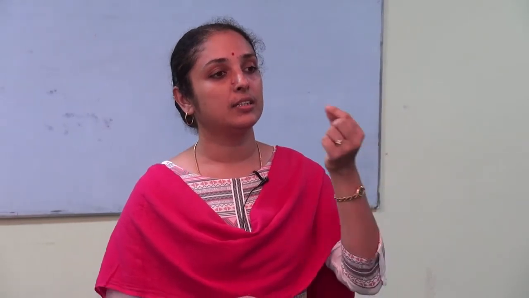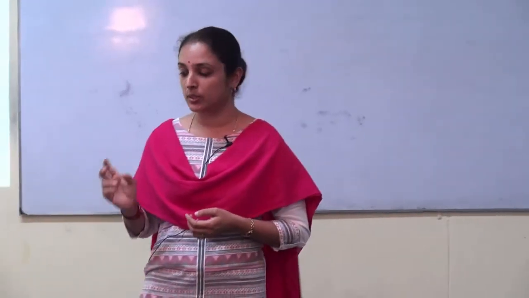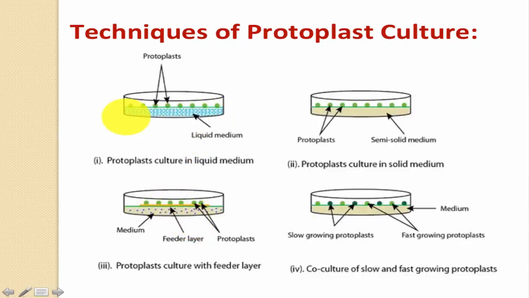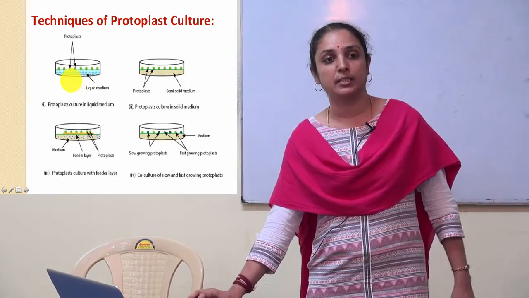Protoplasts are microscopic and have to be handled very carefully, and while handling, they should be transferred to cultures for further propagation. One method is culturing in liquid media, otherwise called suspension culture.